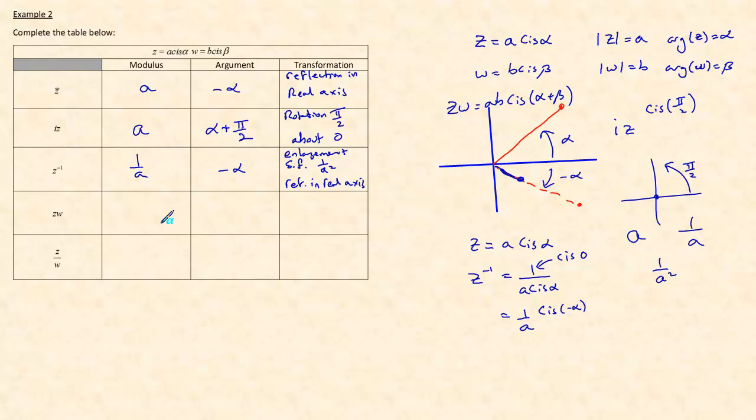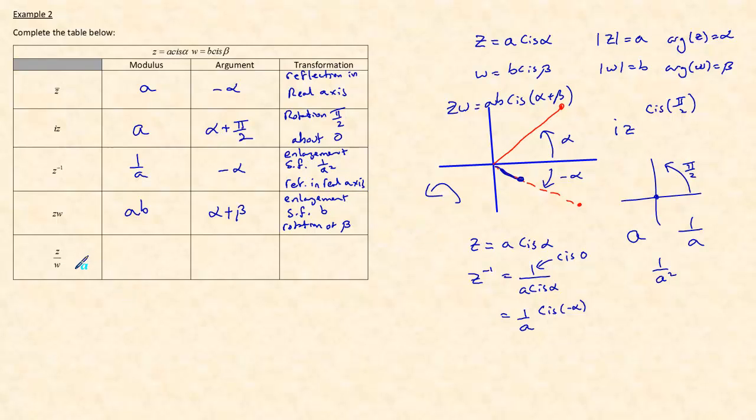So if we're starting from Z, the modulus is AB, the argument is alpha plus beta, so we have an enlargement with scale factor B going from A to AB, and a rotation of beta radians. We don't need to state the direction, because if beta is positive, we know that that's anti-clockwise.